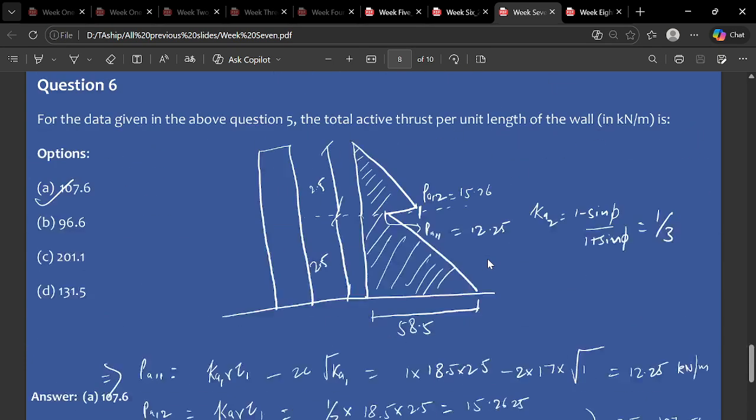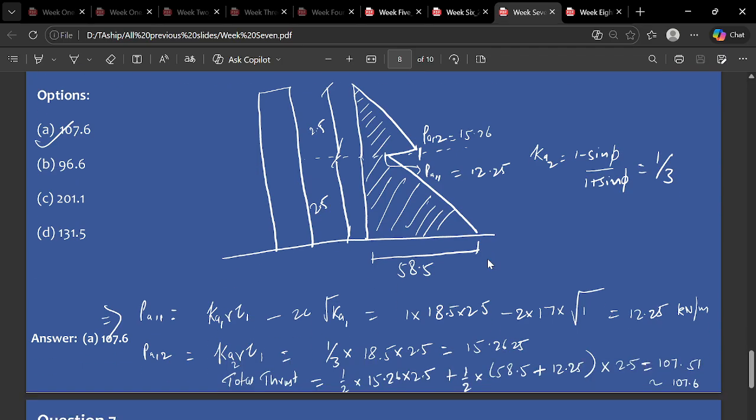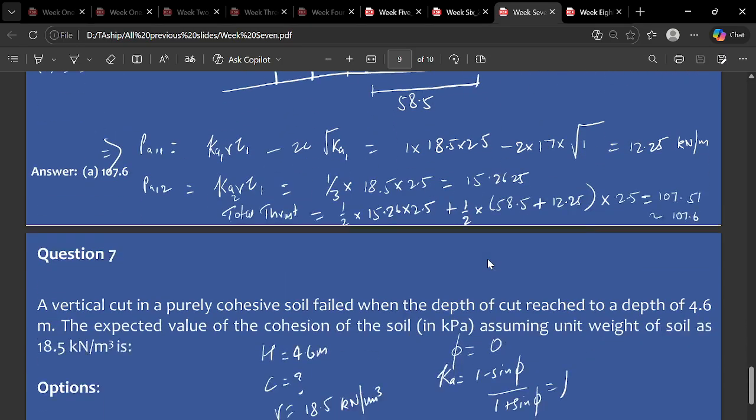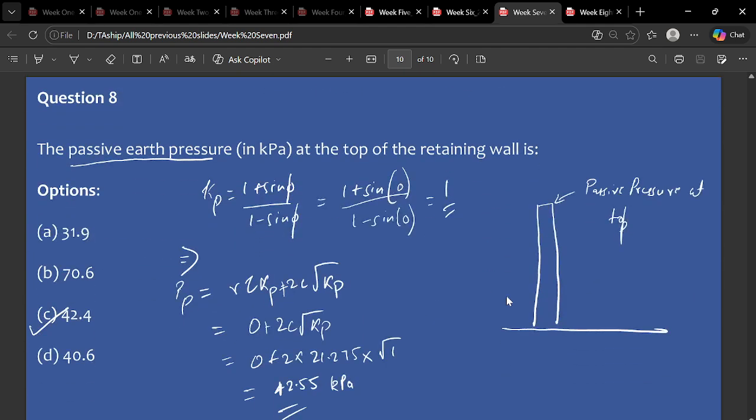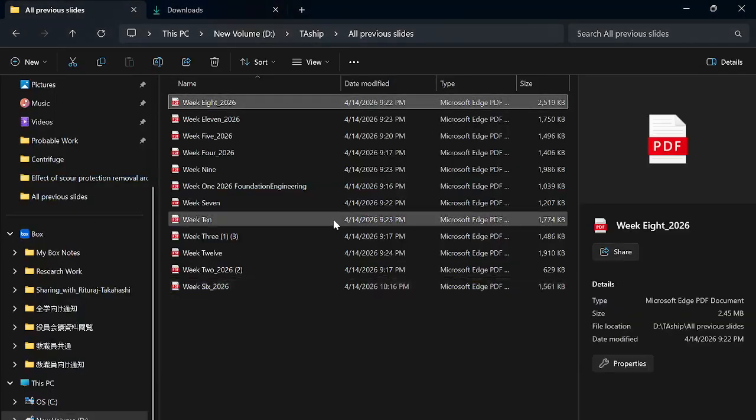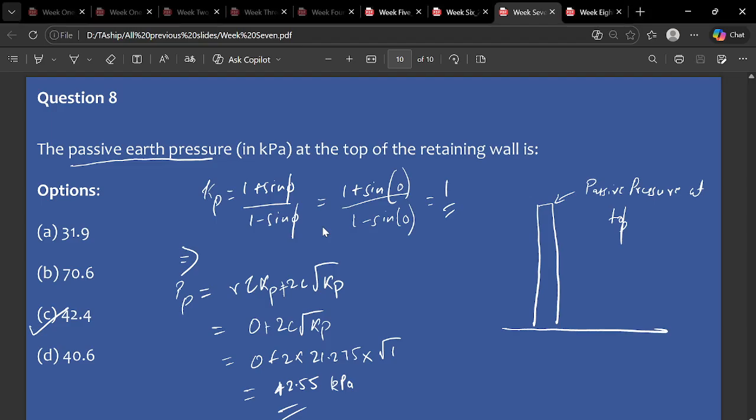Again, this is about the active earth pressure, and both your passive and reactive earth pressure. So that was about week 7.